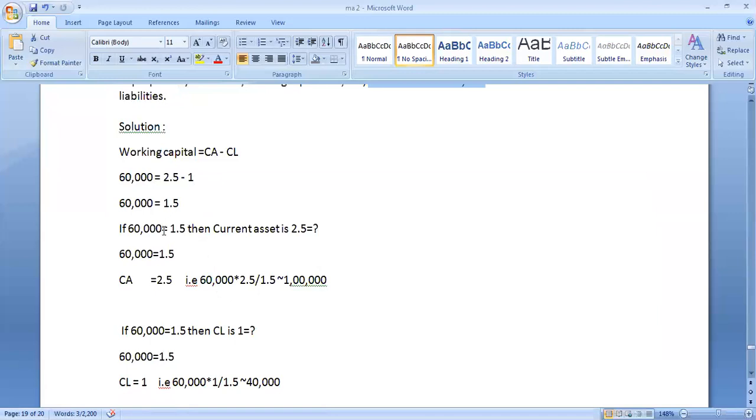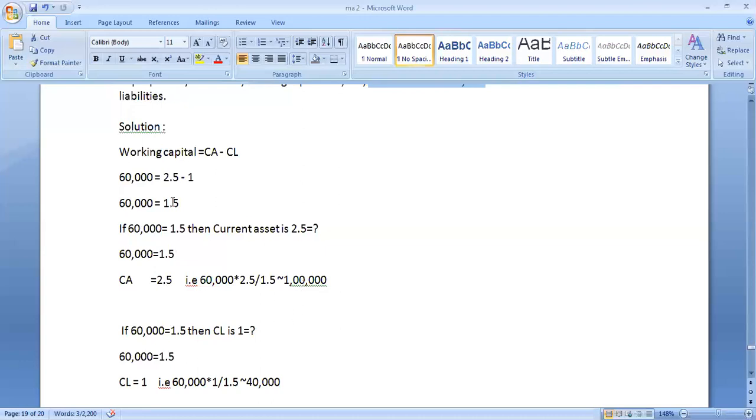If 60,000 is equal to 1.5, then current assets is 2.5. Just cross multiply. So 60,000 takes the ratio 1.5. What will be the current assets, which takes 2.5? That is 60,000 into 2.5 divided by 1.5, which gives you the current assets as 1 lakh. Clear?